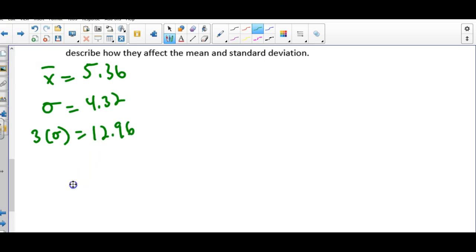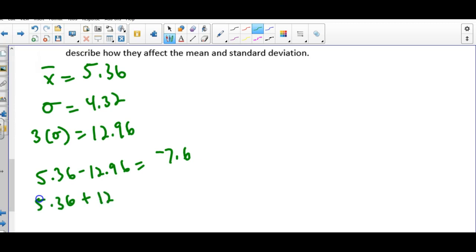So now, let's find our range of our outliers. Well, if we go our mean, 5.36 minus 3 times our standard deviation, and if we go our mean plus 3 times our standard deviation, that's our range for 3 times our standard deviation.